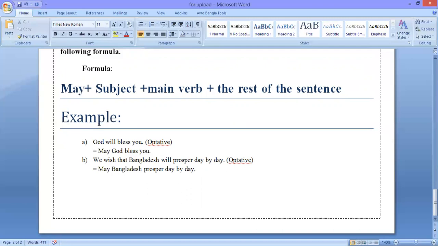If you want another example, we can say that I wish that you will have a safe journey always. This is an assertive sentence, and if you want to make this optative sentence, then how can we do this?